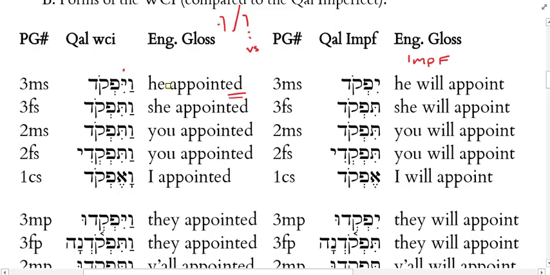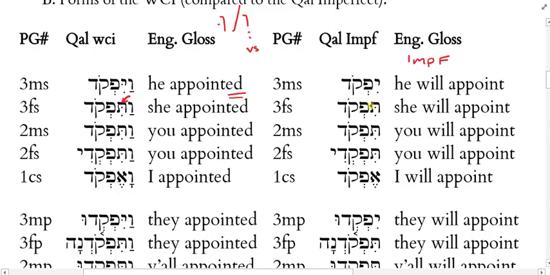Now, let's take a look at the forms here, and what I want to do is I'll read them and just make a couple more comments about them. So just listen to them read here. Vayif code, he appointed. Vatif code, she appointed. Notice here that I have a tav that has a dot right there.